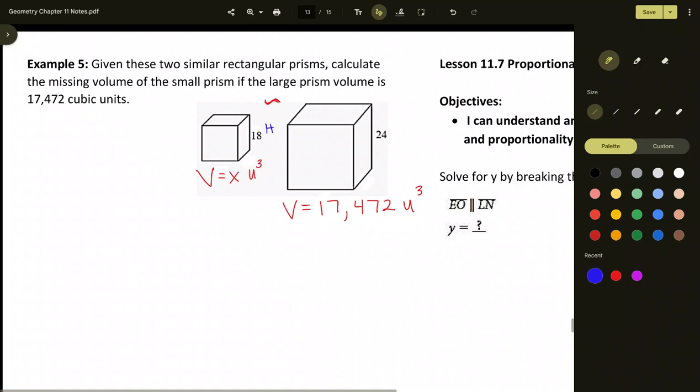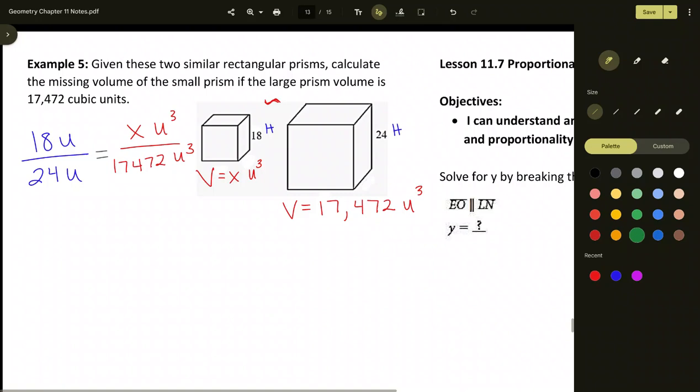Fortunately, we have the height of each rectangular prism, so we can compare their heights. 18 units compared to 24 units, to the ratio of their volumes, unknown units cubed, to 17,472 units cubed.